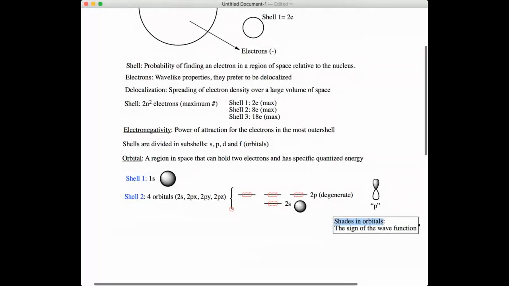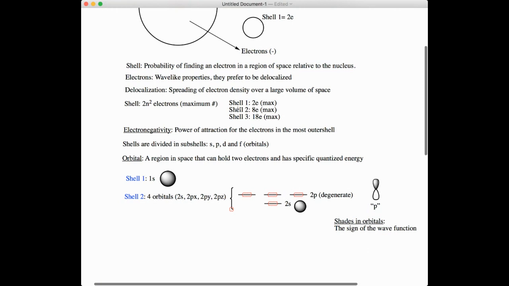Remember how I just said that electrons have wave-like properties? That is very important because it's the foundation for quantum mechanics, and we will see that later on in the semester. When you think about a wave, like when you're plucking a guitar or the waves in the sea, they have positive and negative signs because they oscillate, and that's what the shading is referring to.